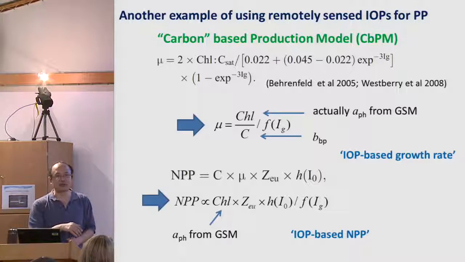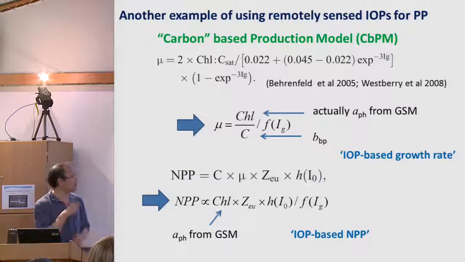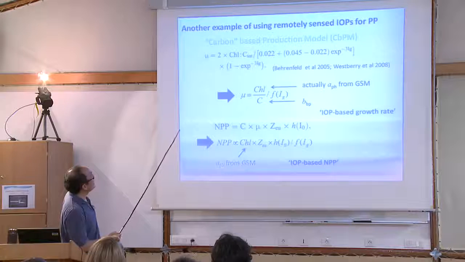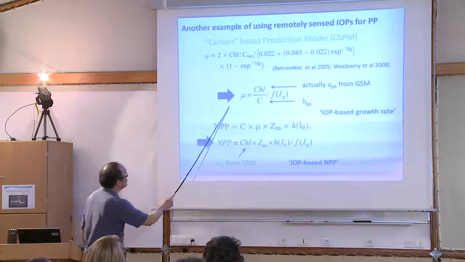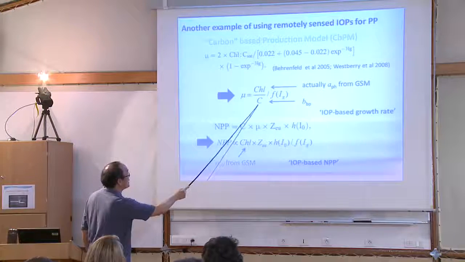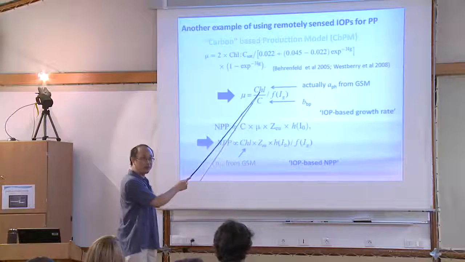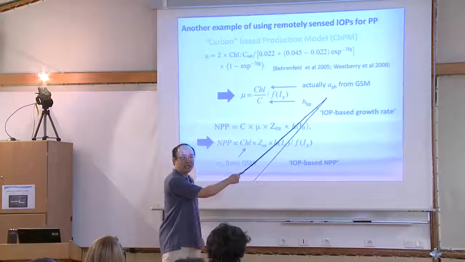And I just introduced that we can use aph, basically use IOPs, to do a better estimation of primary production. Here's another example, the so-called carbon-based estimation of production. This is growth rate. Growth rate is so-called chlorophyll divided by C, and this is light. Actually, this chlorophyll is from the GSM model. As I said, this chlorophyll is actually aph from GSM.